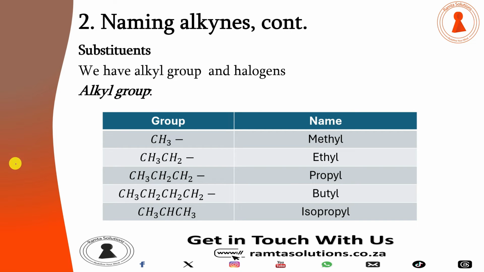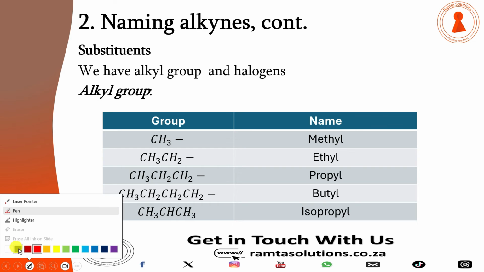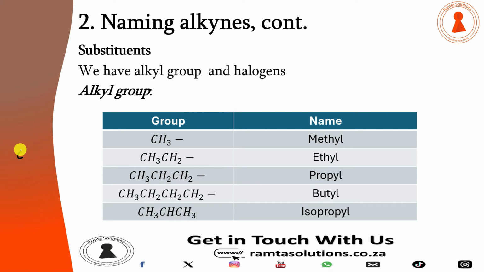With propyl, it looks like this. This is propyl. It is like your propane, but with one less hydrogen. Normally here there was going to be an H, but no, because it's an alkyl group, your longest chain will be attached to this component here, making it propyl.